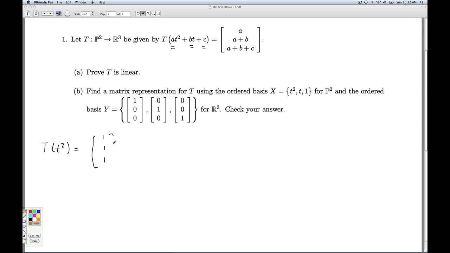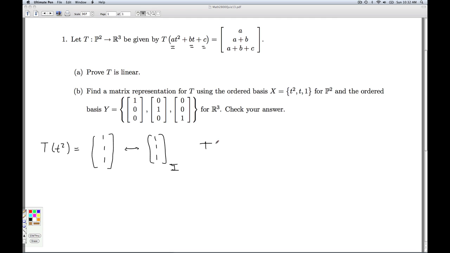So T of t squared is (1, 1, 1). And now what I want to do is write that in terms of these three vectors. But these are the standard basis vectors in R3, so there's no work to do at this point. This is the same coordinate representation that we normally have.